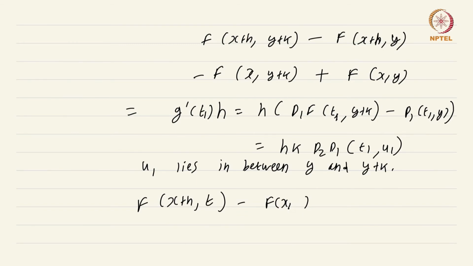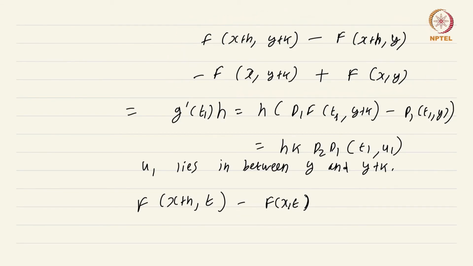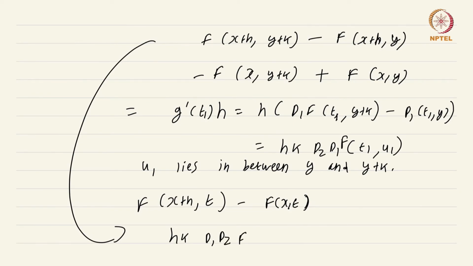And we are going to apply the exact same argument we have done, and we will be able to conclude that this big expression is in fact equal to hk d1 d2 f of t2 comma u2, where again t2 and u2 are numbers in between x and x plus h and y and y plus k respectively.